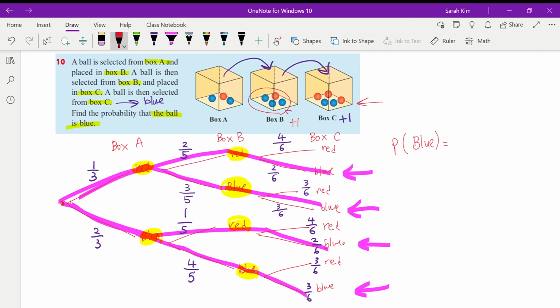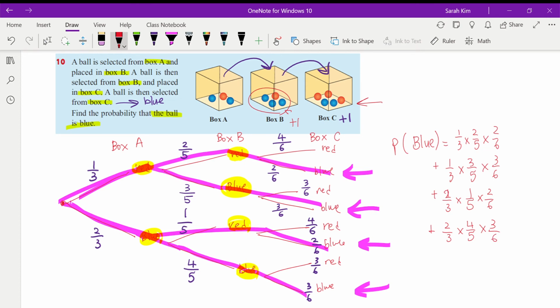So we multiply along all the brackets. So 1 over 3 times 2 over 5 times 2 over 6, plus 1 over 3 times 3 over 5 times 3 over 6, plus 2 over 3 times 1 over 5 times 2 over 6, plus 2 over 3 times 4 over 5 times 3 over 6.